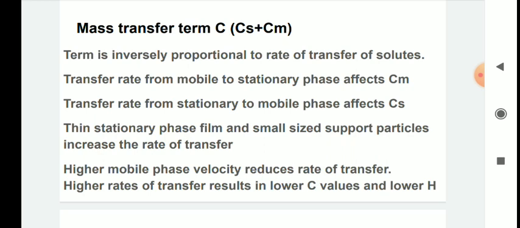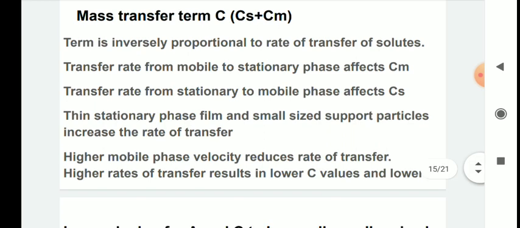In the same way in chromatography, if the stationary phase support particles are small, and the stationary phase film on the support is thin, then the transfer from mobile to stationary phase will be faster, and again from the film of the stationary phase back into the mobile phase, it will be faster.